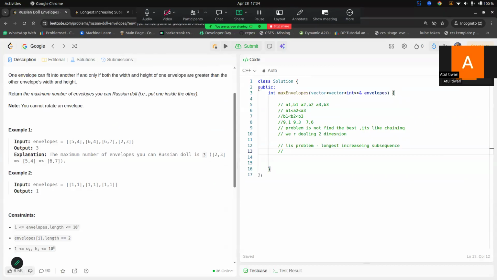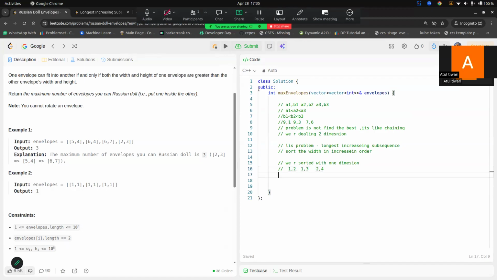Let's say we have two parameters now, width and height. So I say sort the width in increasing order. So we are sorted with one dimension. Now if I ask you to find the longest increasing subsequence, say we have 1,2, then 1,2, then 1,3, then 2,4. We can find 1, 2, 3, 4, but 1,1 won't work because the width is the same.